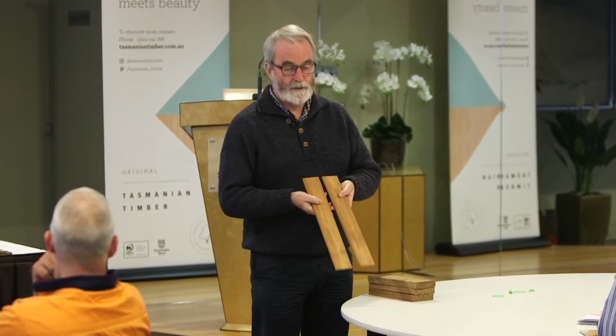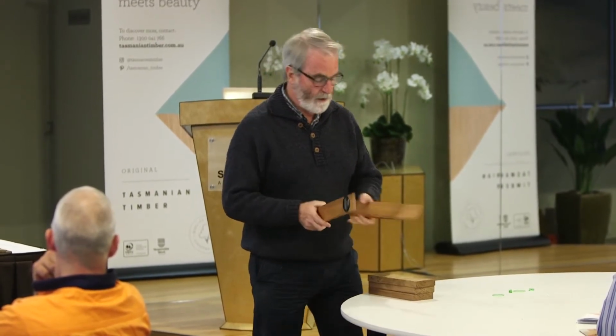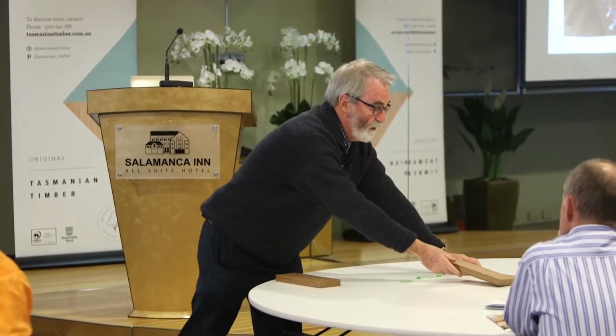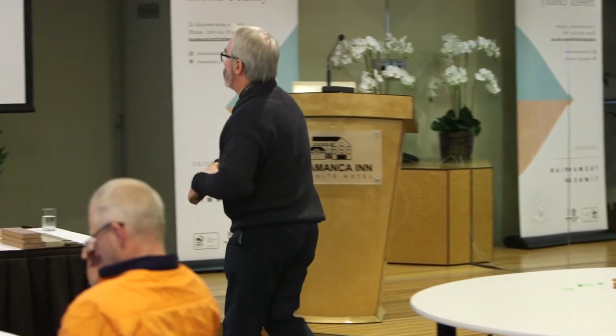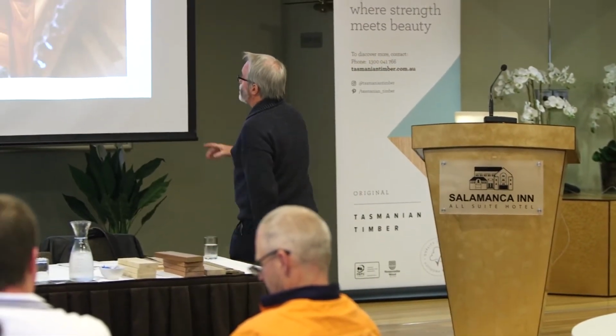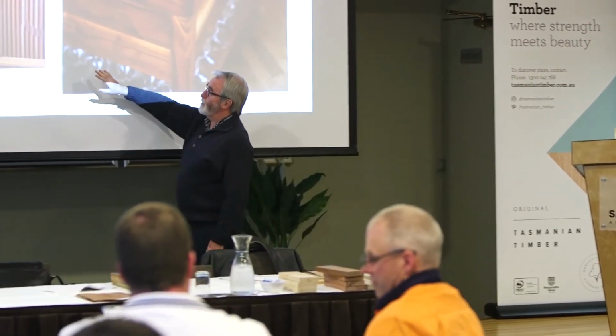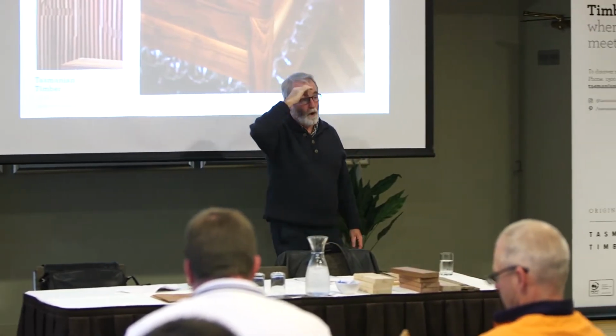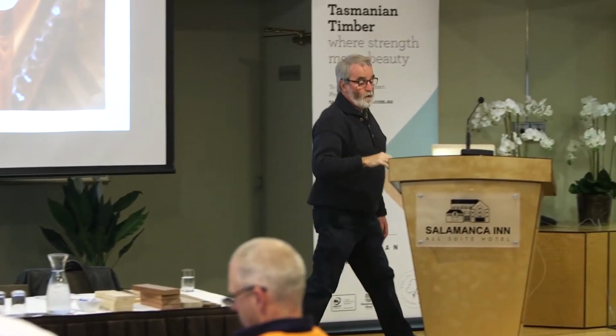You've got this really nice dark colour to it. Again, it dries pretty easily, with some reasonable volumes of the material around in both normal solids and in Hydrowood. Very useful for furniture, very useful for wall linings, and also in floors.